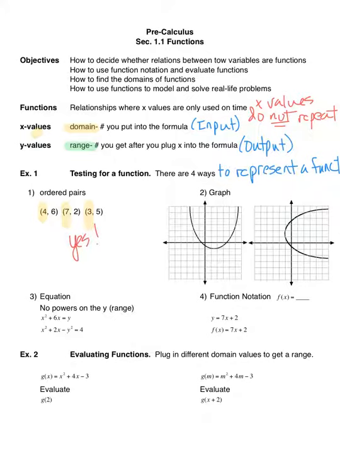Then when you look at a graph, you want to apply the vertical line test. I'm going to get my special pointer here. My pointer looks like a vertical line. It's a lightsaber, but here we go. If I run this vertical line anywhere through this graph, do you see how it only touches it once in any place? Never does this vertical line touch the graph in 2 places at the same time.